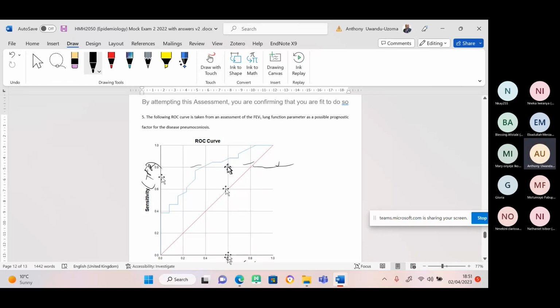If a test has a high sensitivity and also has a low specificity, does it tell you that the test is a good test? Tell me why.